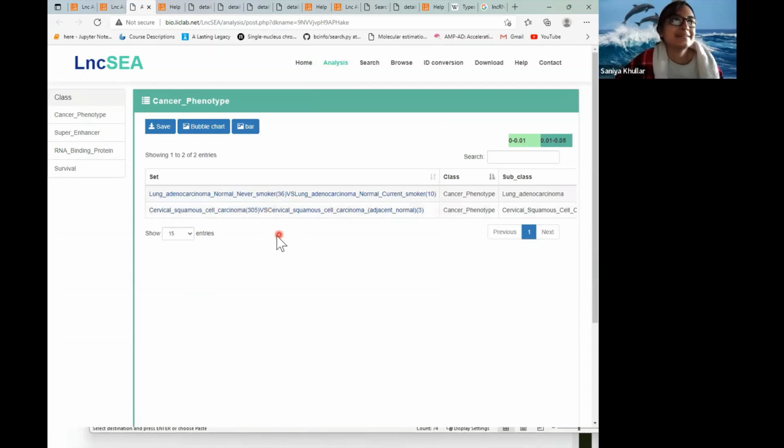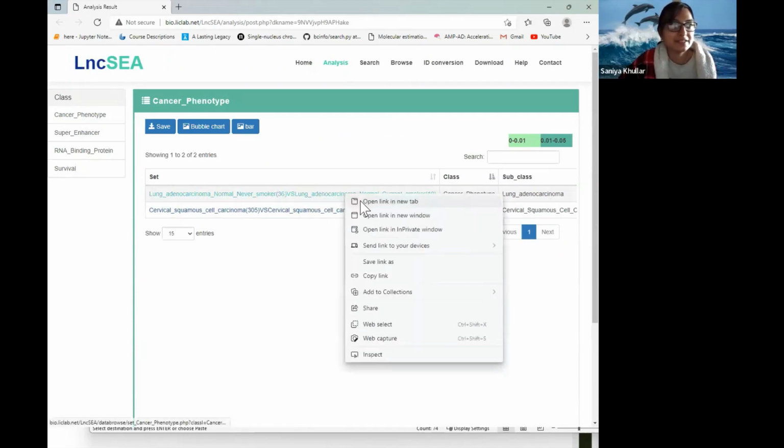So yay, awesome. Just for simplicity, I'm going to move this here into a new thing. We can see that we have the classes that have significant enrichments here: cancer phenotype, super enhancer, RNA binding protein, and survival. Those were certainly lists that we had looked at before, so they might look familiar as well.